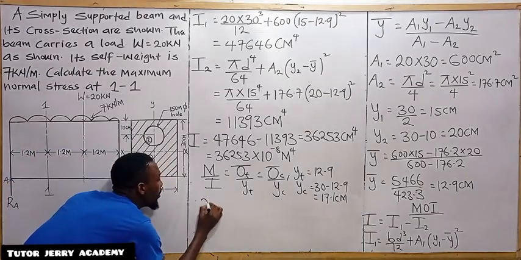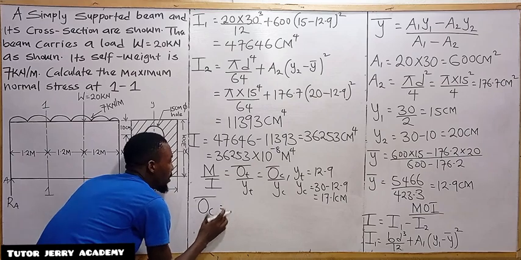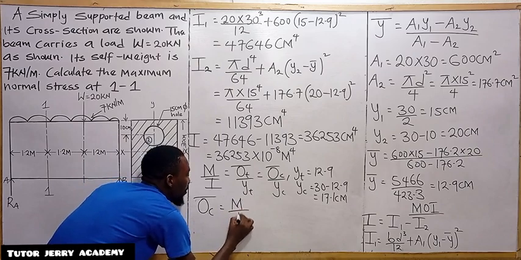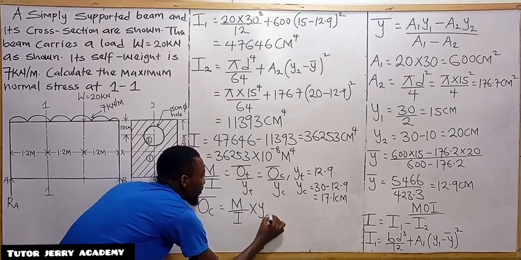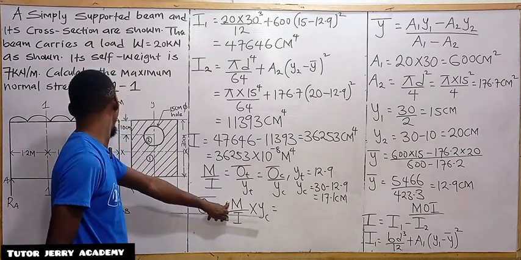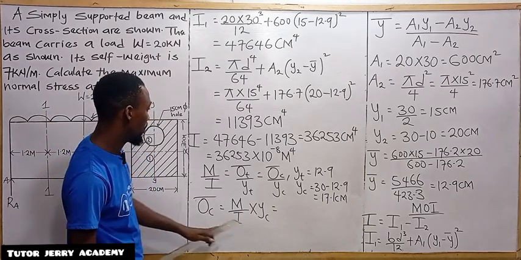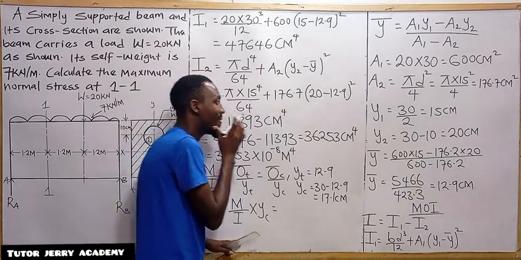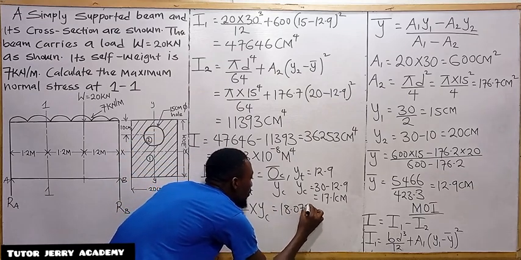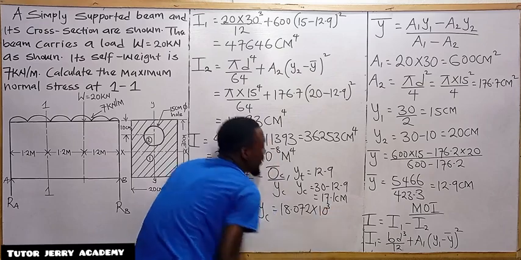So we are equating this to this, so it's going to be equal. If we make our compressive stress the subject, we are going to have M over I multiplied by y compressive. So if we substitute now, we have our maximum bending moment along this section 1:1 to be equals to 18.072 multiplied by 10 to the power of 3.